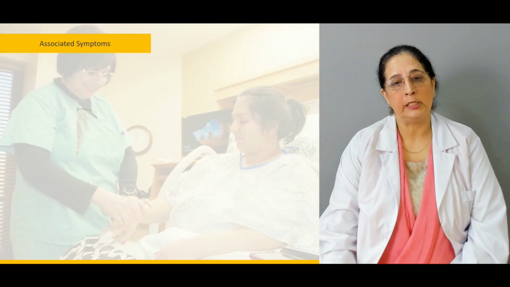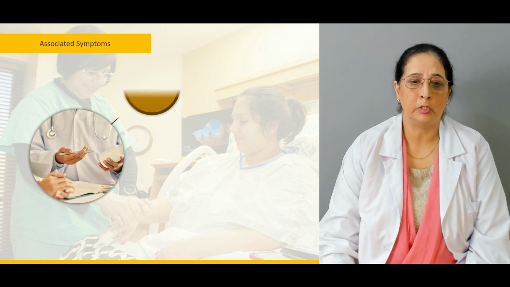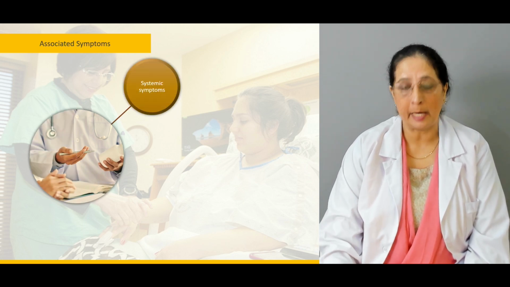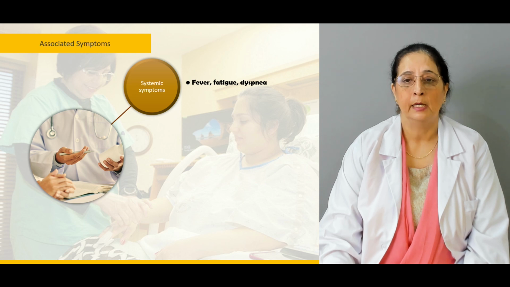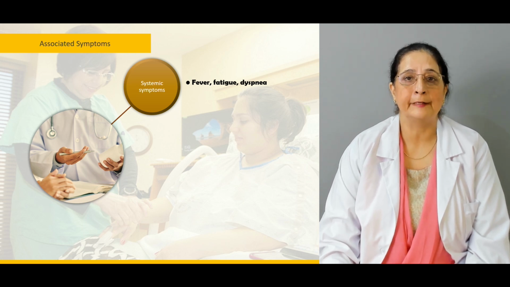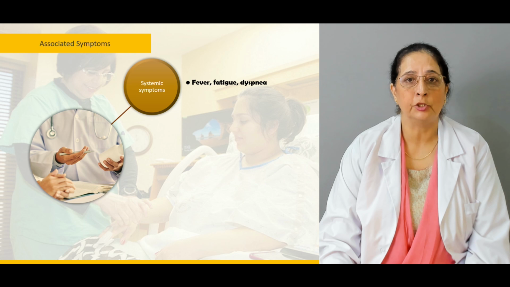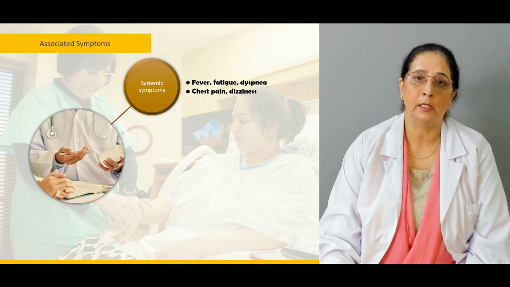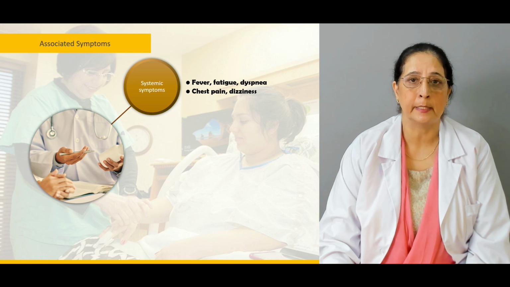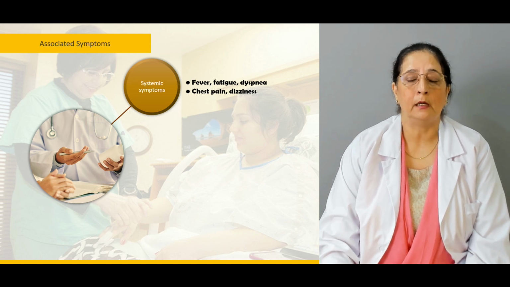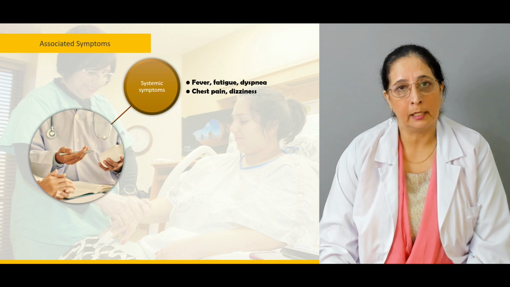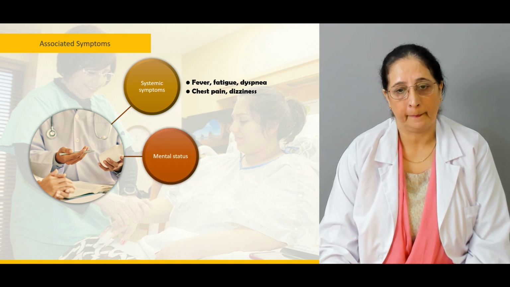Next, some associated symptoms. In the associated symptoms, the systemic symptoms, there is fever, fatigue, dyspnea, shortness of breath, chest pain, dizziness. So all these are associated symptoms, and all these are due to associated anemia.